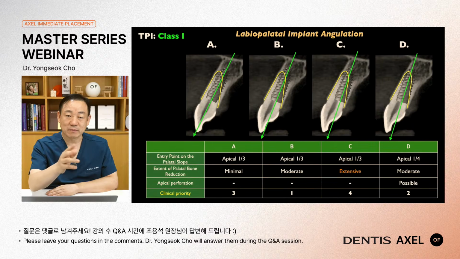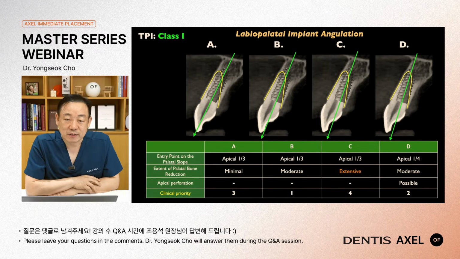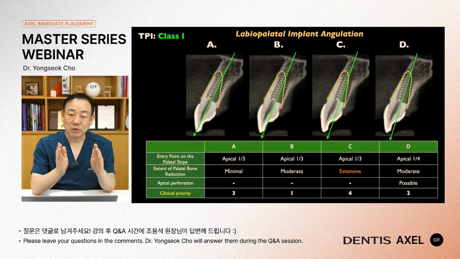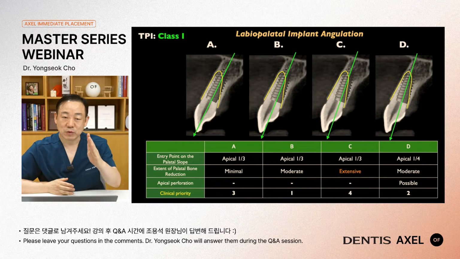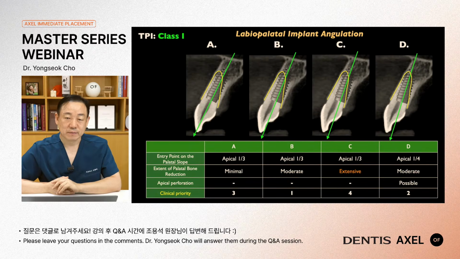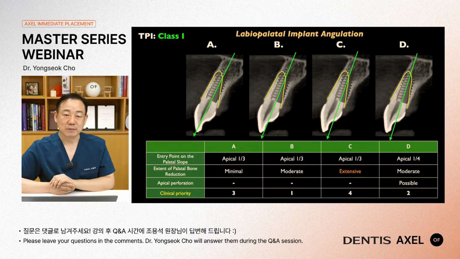Look at diagrams A and B. When we position the entry at the apical third, the axis will be determined depending on the amount of palatal bone reduction. When we reduce the palatal bone less, the axis will be toward the inside of the ridge.